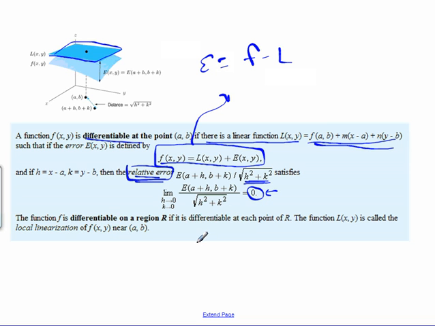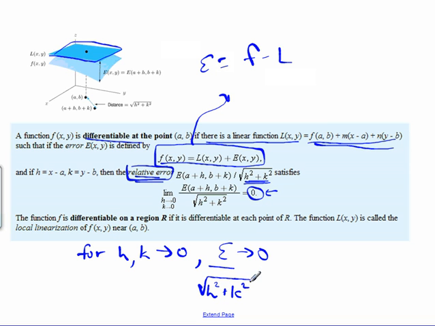Let's think about that. As h and k get really, really big, we're not expecting our error to be small. But for h and k getting close to 0, we need our error to get close to 0 for it to in fact be differentiable. We divide our error by the square root of h squared plus k squared, because that's exactly the distance I've gone from my original point.